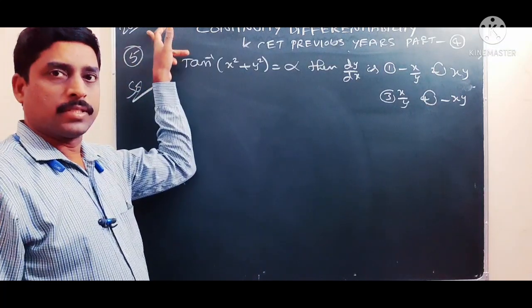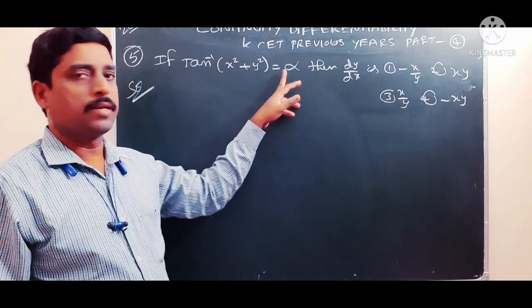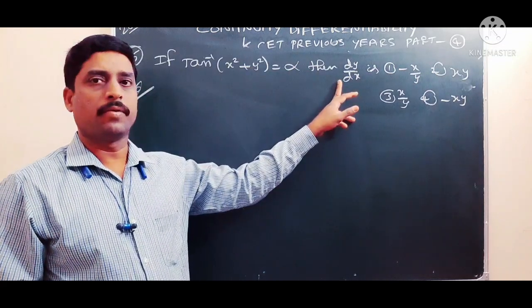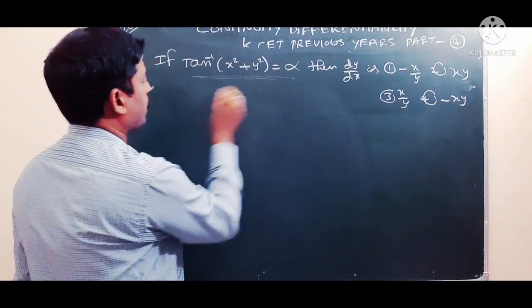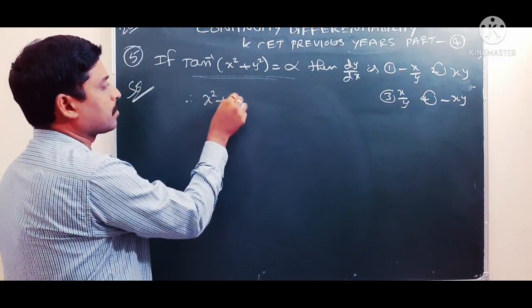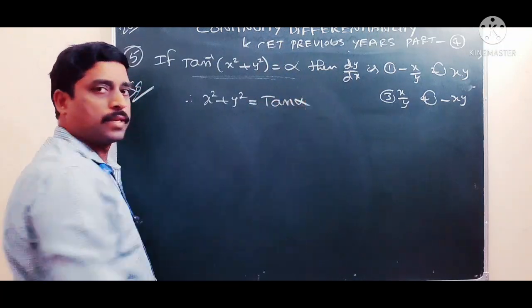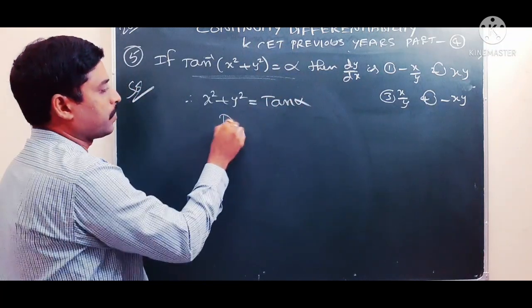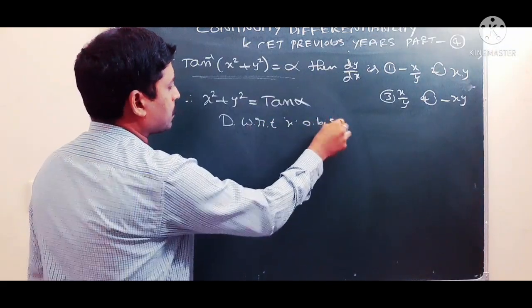Okay, let us go to the next problem. This is from a 2016 question. Tan inverse of (x square plus y square) is equal to alpha. Then find dy by dx. So this is the given condition. Therefore x square plus y square is equal to tan alpha. Is it clear? Now applying the derivative with respect to x on both sides.